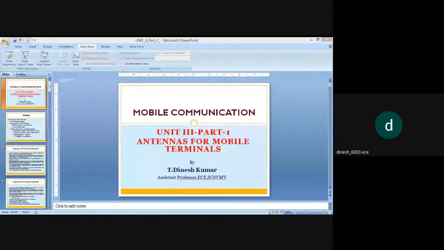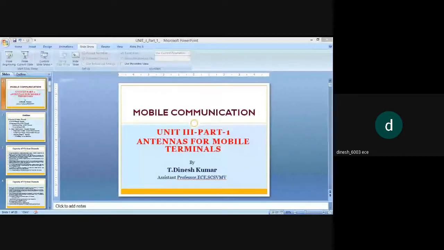So the capacity of the additive white Gaussian noise channel with power P and noise variance sigma square is given as C of AWGN is equal to half log of 1 plus P divided by sigma square. This is for the additive white Gaussian noise channel.